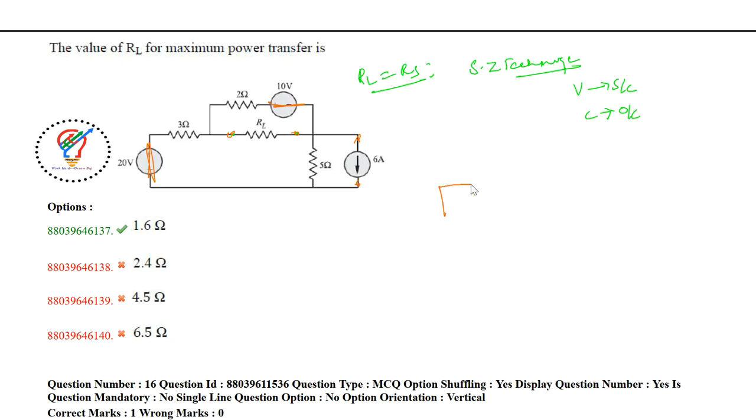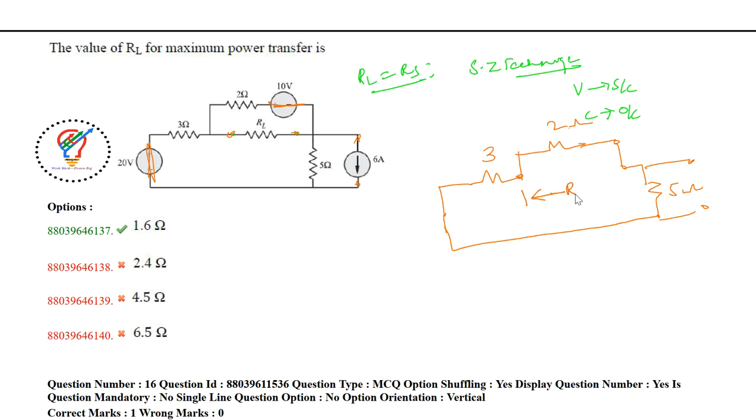Short circuited here, a resistance of 3 ohm, and from here a resistance of 2 ohm, again a short circuit here, and from here a 5 ohm resistor, and here it is open circuited. Now I want to find the value of RS, which is our RL value.